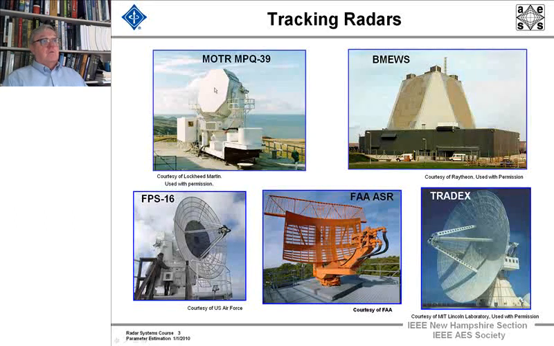So this can do the work of a lot of FPS-16s. And this is a classic, one of the first radars developed. It's still in use today, that do tracking at U.S.